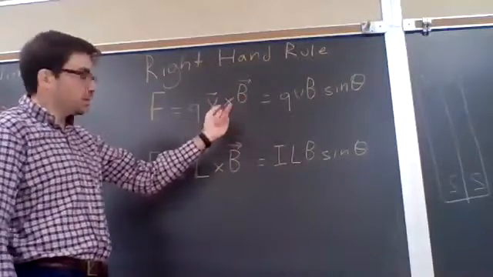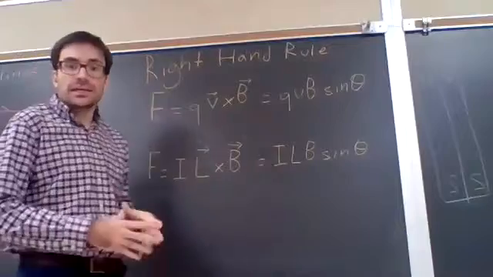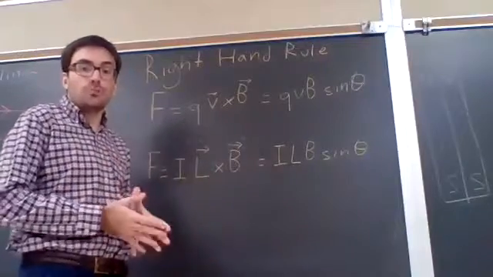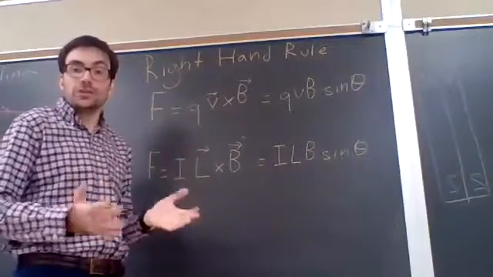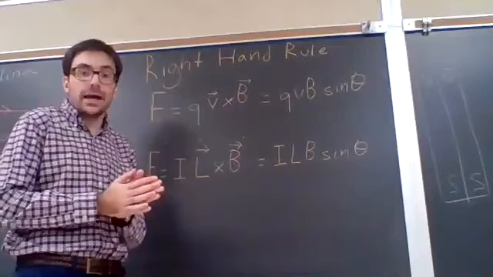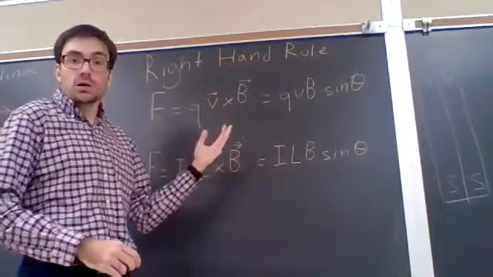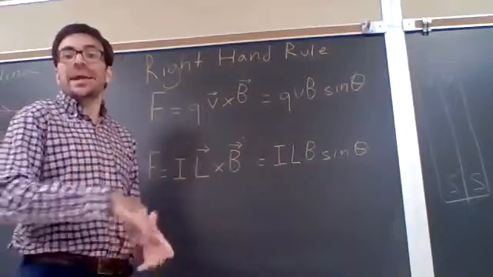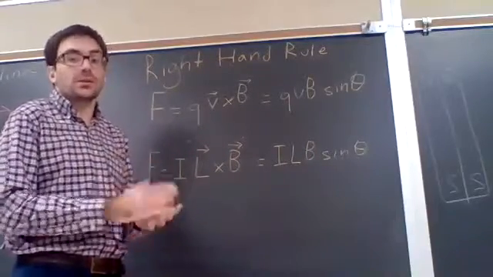And now finally, we've got this cross here. The cross is called the cross product. It's one way of multiplying two vectors together. A cross product multiplies two vectors together and gets a third vector out of it.